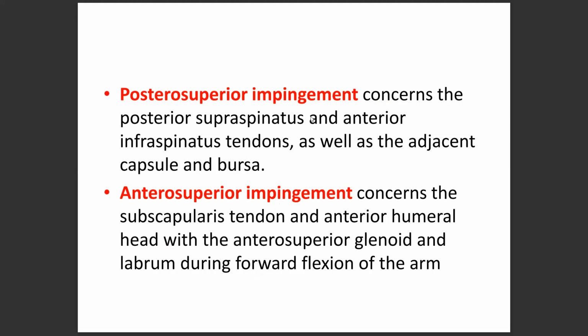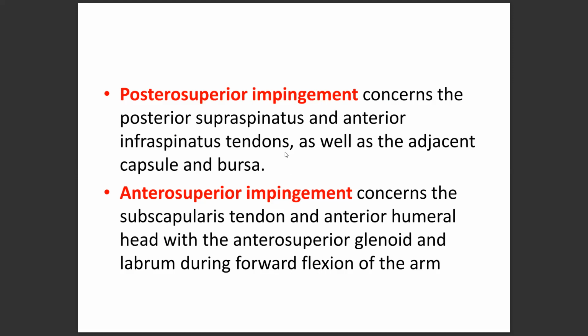Posterior superior impingement concerns the posterior supraspinatus and anterior infraspinatus tendon as well as the adjacent capsule and bursa. While the anterior superior impingement concerns the subscapularis tendon and anterior humeral head with the anterior superior glenoid and labrum during the forward flexion of the arm.